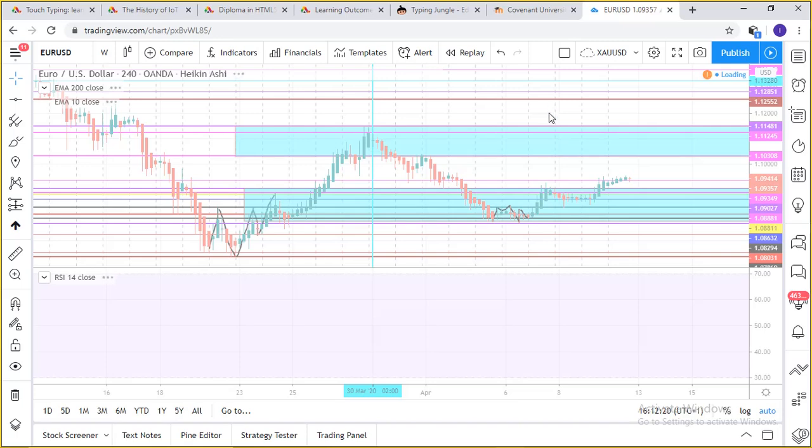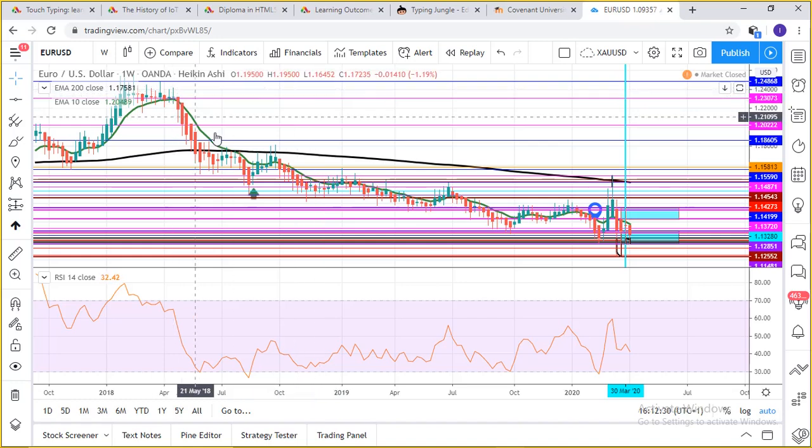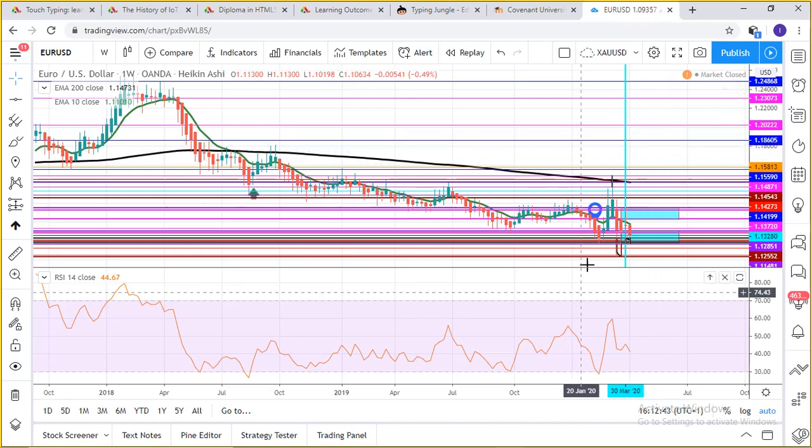We are never afraid, but all we can do is to quickly know when the market is doing something else. We have established the fact that what Euro USD is doing is selling. Don't expect any other thing than for this thing to sell.